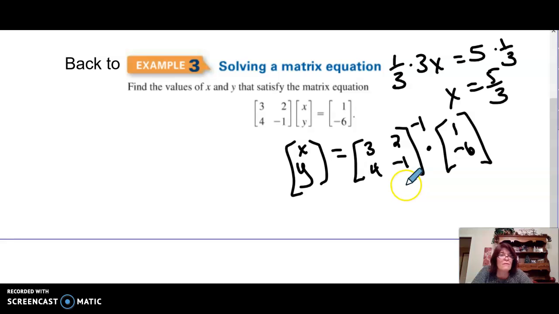But notice my order does matter. In this case, this is a 2 by 2 and this is a 2 by 1. The only way I can multiply them is if I put the 2 by 2 first and then the 2 by 1. Don't just take this inverse and multiply it; write it first and then this matrix.